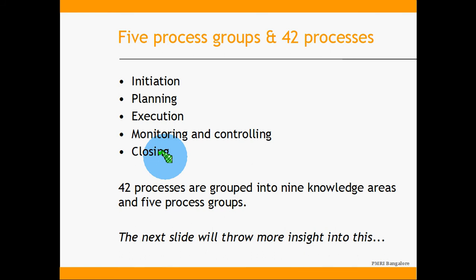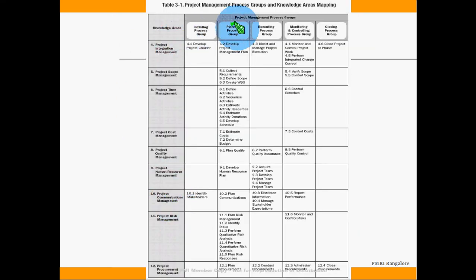All these things are done by executing 42 processes, grouped into 9 knowledge areas and 5 process groups. That means each of these 42 processes is linked to one knowledge area and to one process group. So this is the structure of PMBOK, where develop project charter is a process linked to the project integration management knowledge area and the initiation process group.